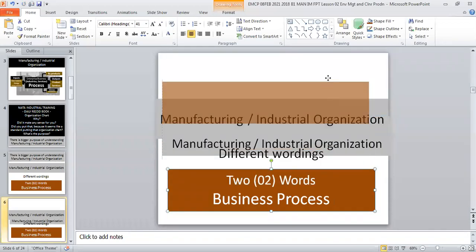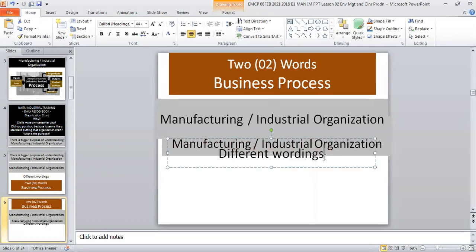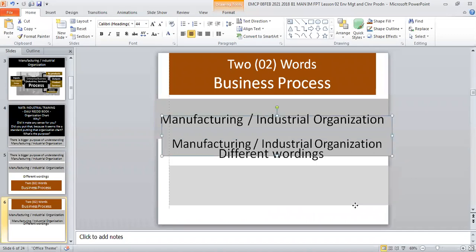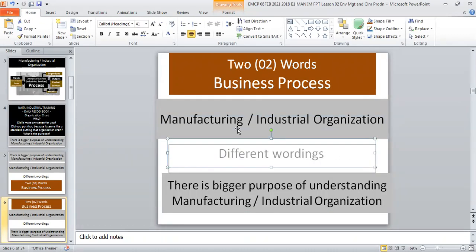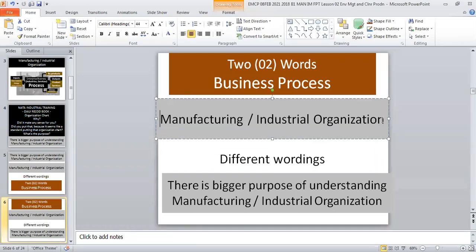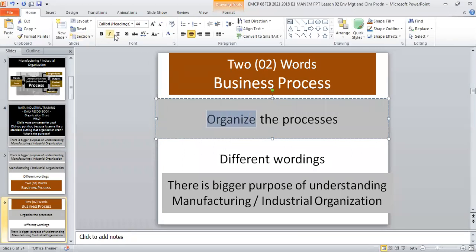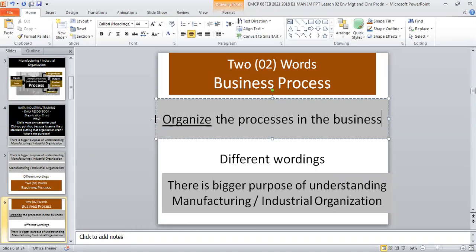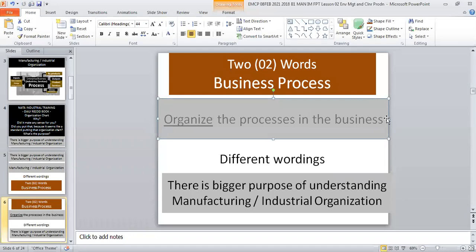First, you should know your business process. Based on the business process, you have to organize the processes in the business, the operations.